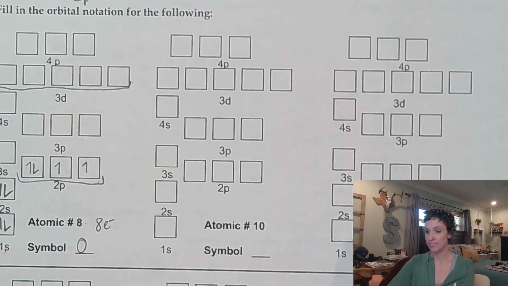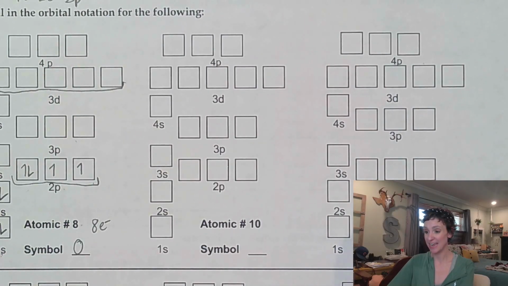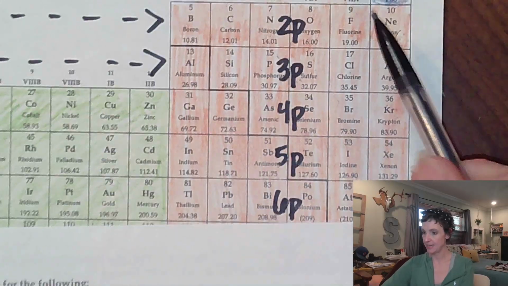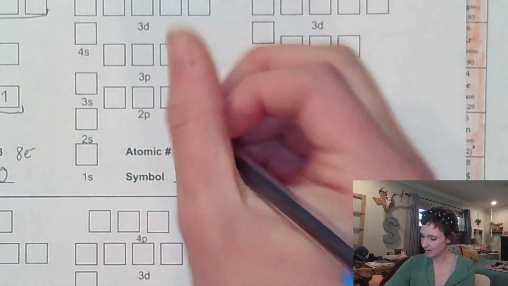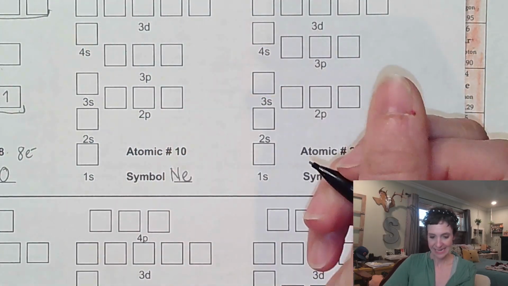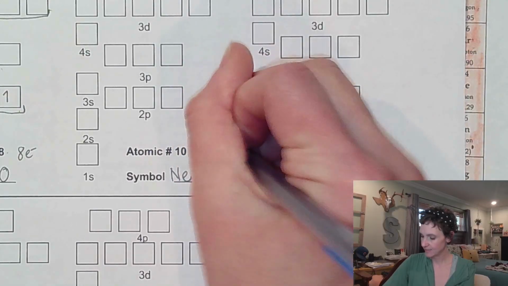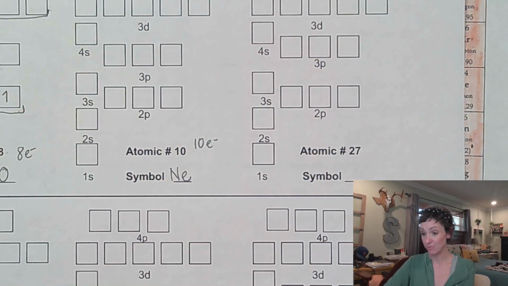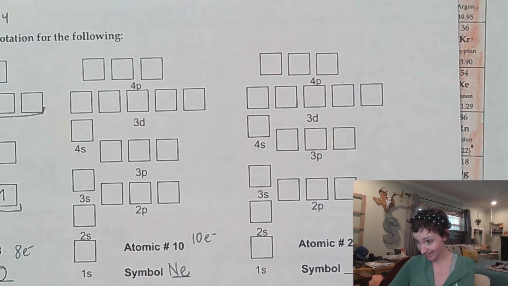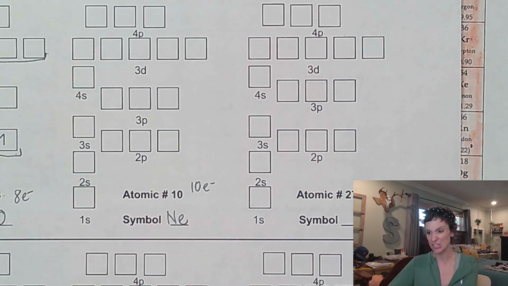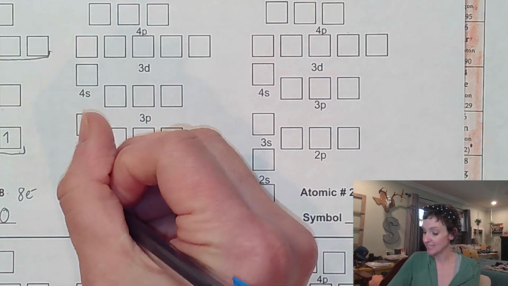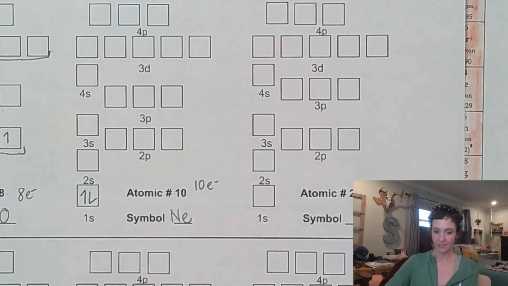I'm going to hop over to this next one, atomic number 10. Who is atomic number 10? That is neon. So atomic number 10 is neon. He has got 10 electrons. Okay. I can write his configuration, or I can just look at the periodic table and fill in as I'm saying, which I think I'm going to try to do now. So 1s2, which means that looks like that.